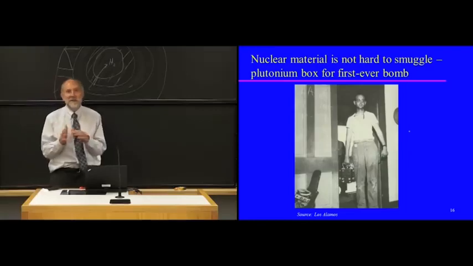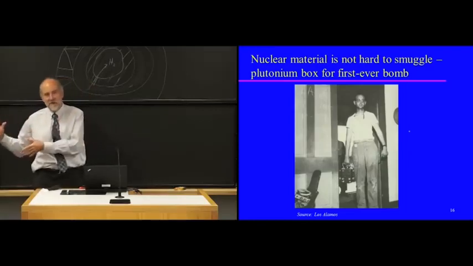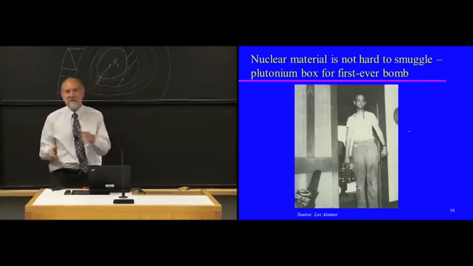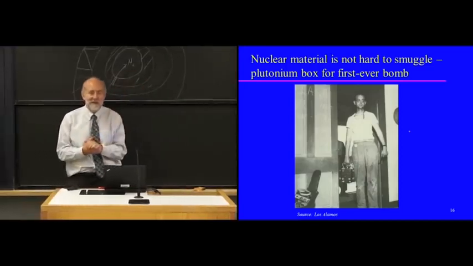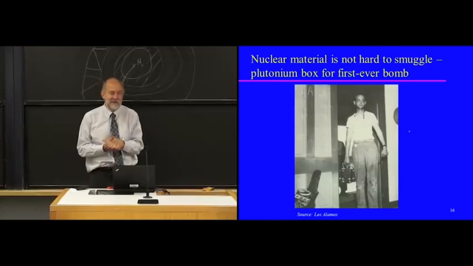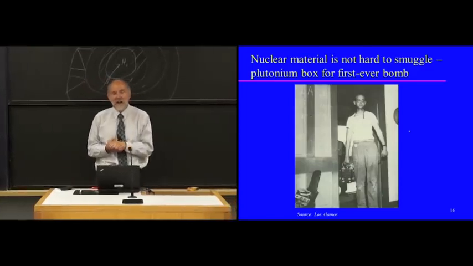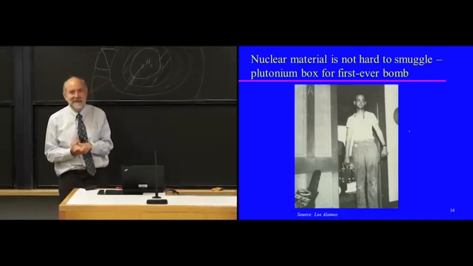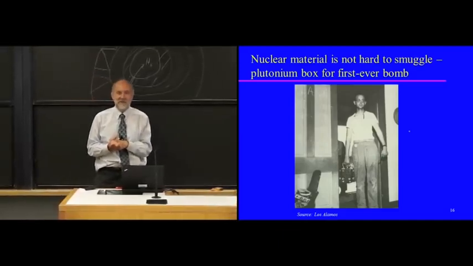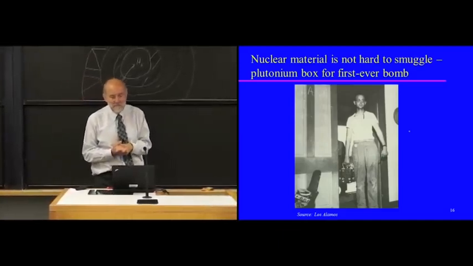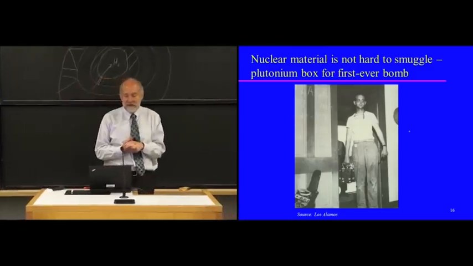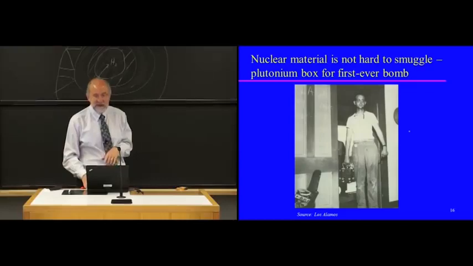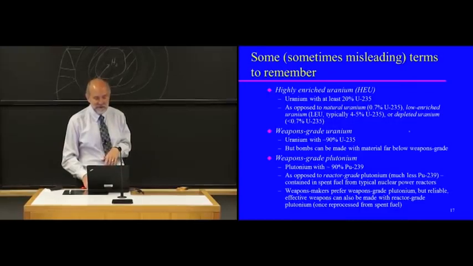Some of the radiation it emits is similar to normal radioactivity. You'd be surprised how much radioactivity is just around us in nature. You get a certain radiation dose when you eat a banana, for example. And kitty litter is one of the things that routinely sets off radiation detectors at borders. Detection is another issue, but it's just not that hard to smuggle nuclear material. That's the point I'm trying to make.